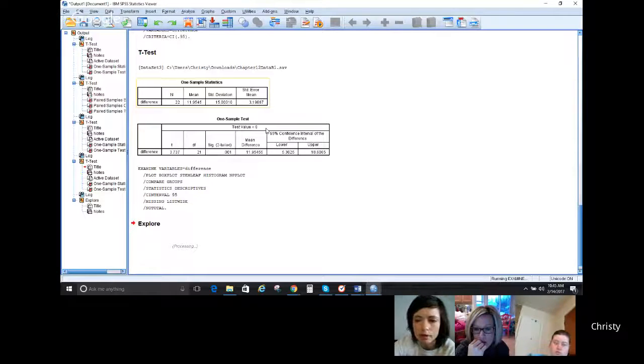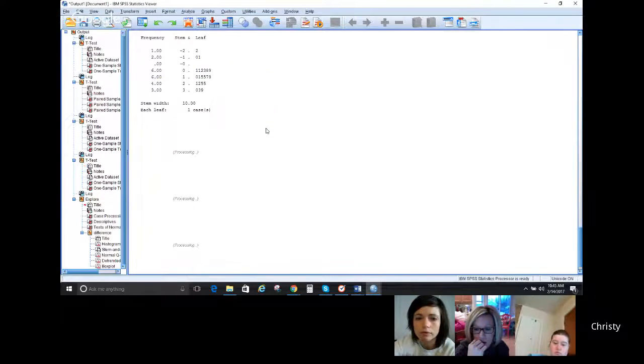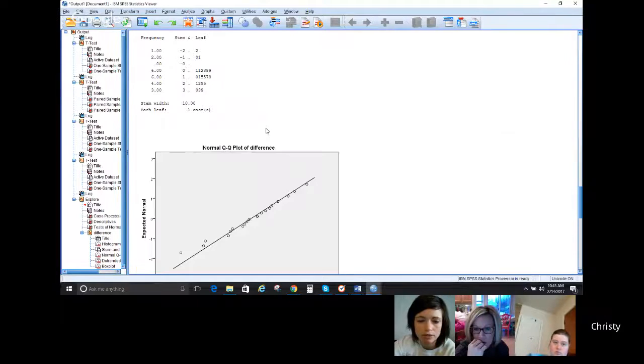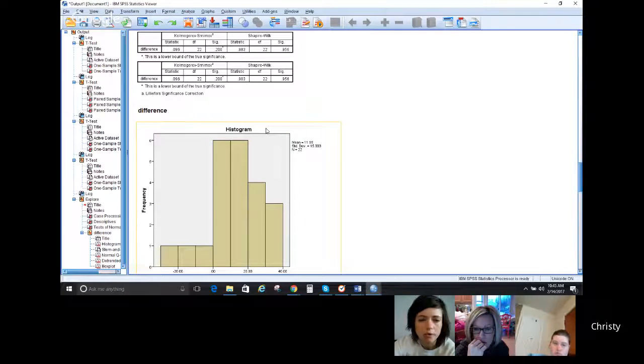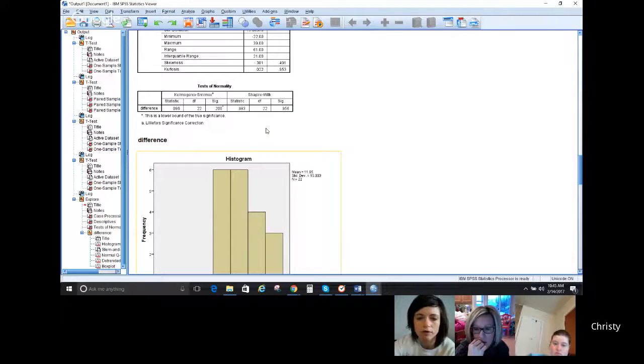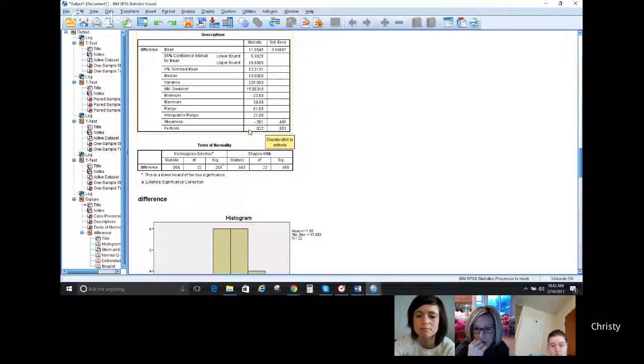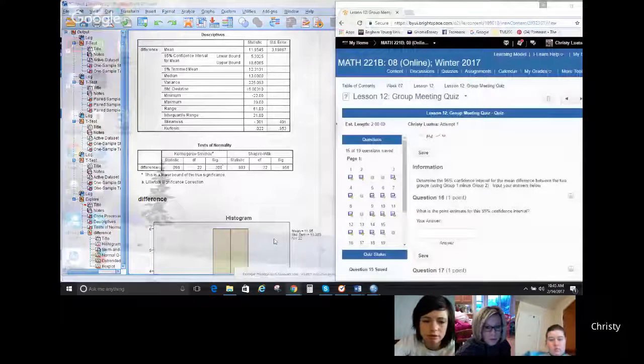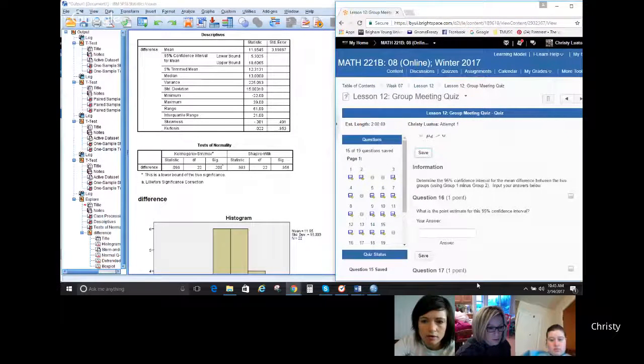Okay. So now, what are the questions? What is the point estimate for this? Oh, so the point estimate is the mean, right? So the mean, which is 11.955. Are we supposed to round it? It doesn't say.